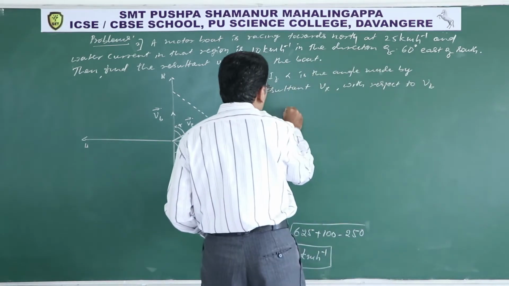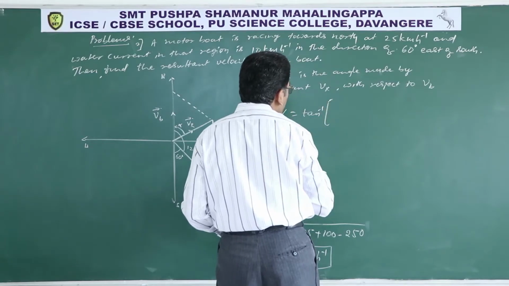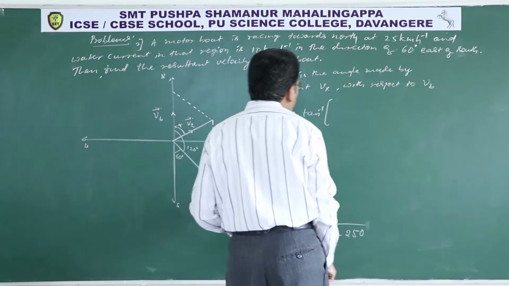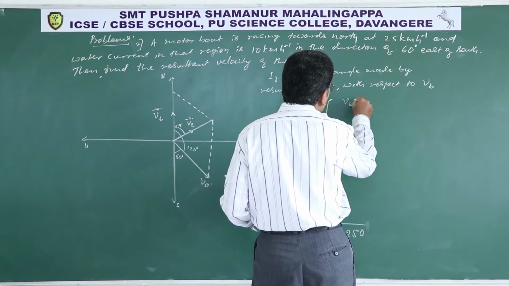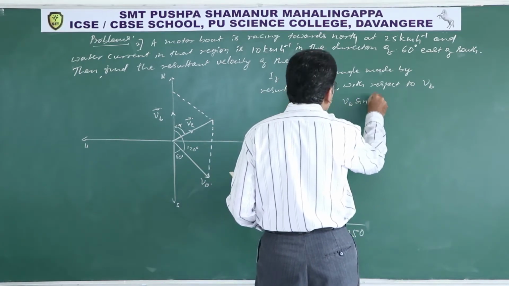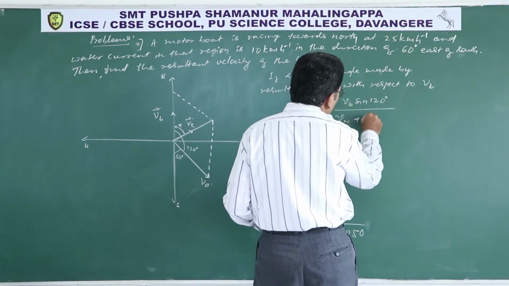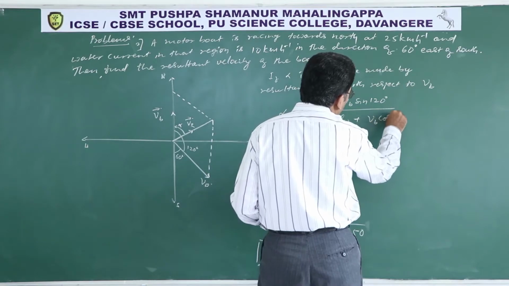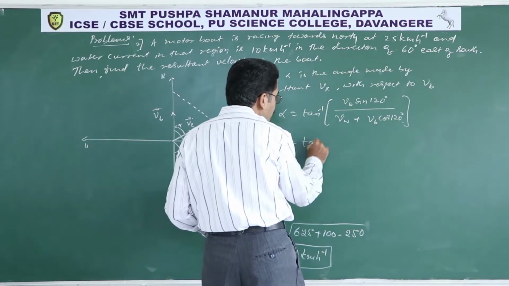Then alpha is equal to tan inverse of VW sin 120 divided by VB plus VW cos 120. You know the values, make a substitution.